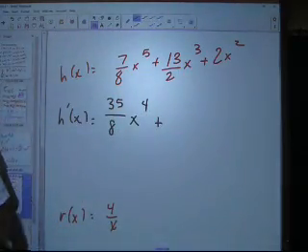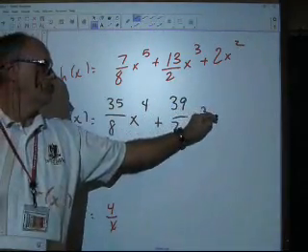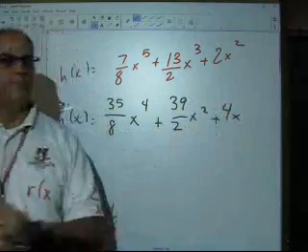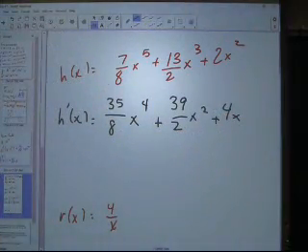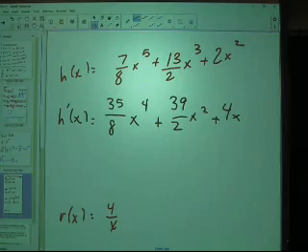What's the rest of it? 39 over 2x... 4x. Do we agree? Okay. Each time we've done this, it's power times the number in front, and then we have 1 less power.